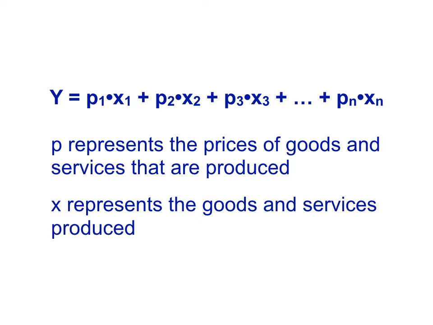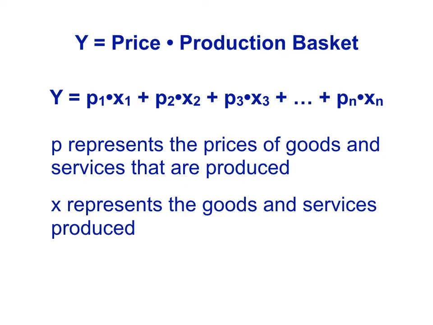And we do this for every good in the economy. Essentially, we're taking the price multiplied by the production basket. That's an easy way to think about it. It's not mathematically precise, but for a qualitative interpretation, this is a nice way to think about it. What is the price of my production basket? How big is my production basket?